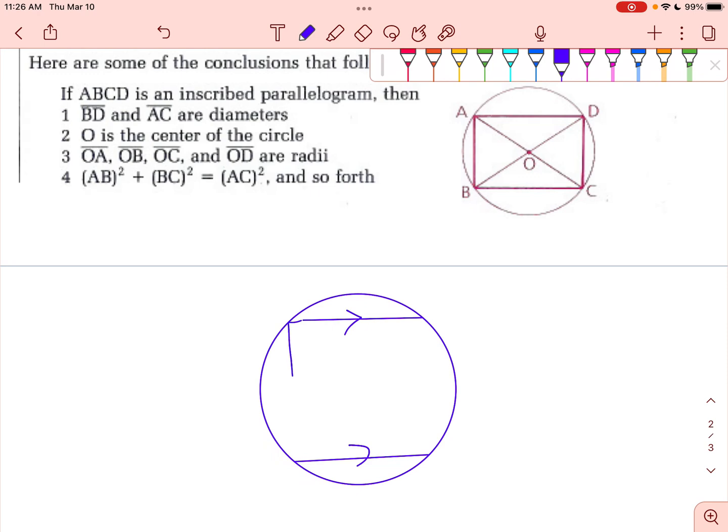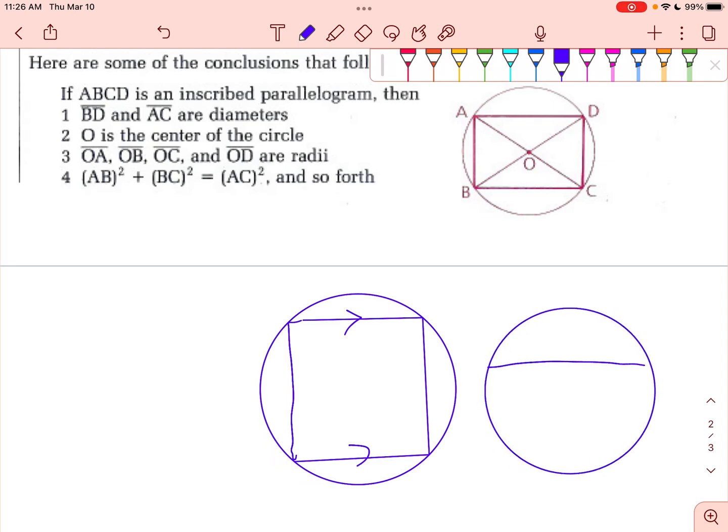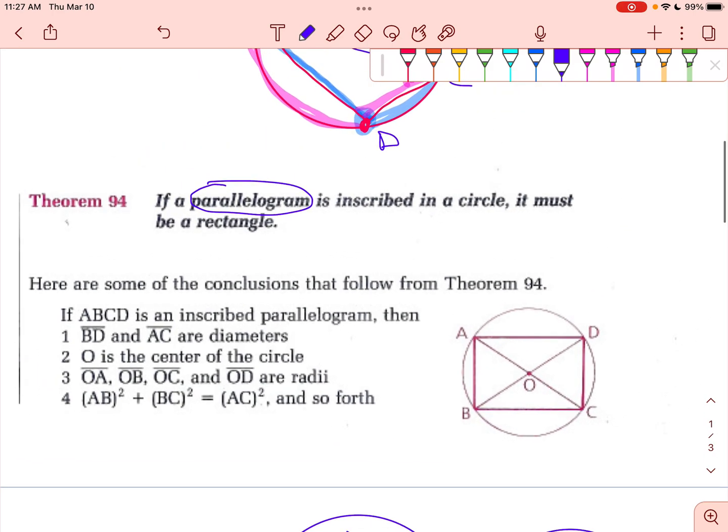When you go to connect the other sides, every single time it makes a rectangle. Trust me, I tried. I tried drawing two parallel sides really close, and the other sides make it end up being a rectangle no matter what. So if you have a parallelogram inscribed in a circle, it's a rectangle.